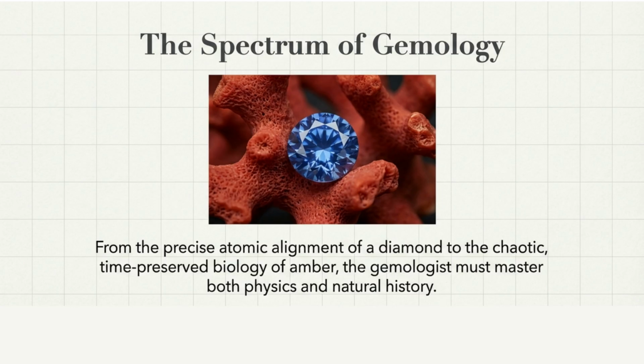The physics of light in crystals, isotropic versus uniaxial versus biaxial, critical angles, and diagnostic tools like the polariscope and dichroscope. The natural history of organics, how pearls, amber, and coral form, what they're made of, and how easily they can be damaged by dust, acid, or heat.